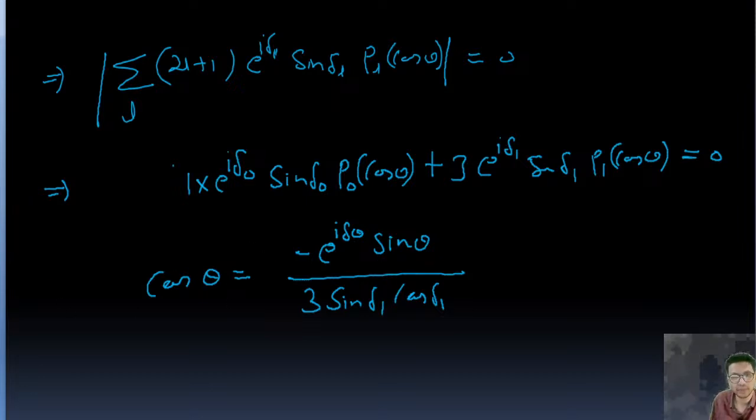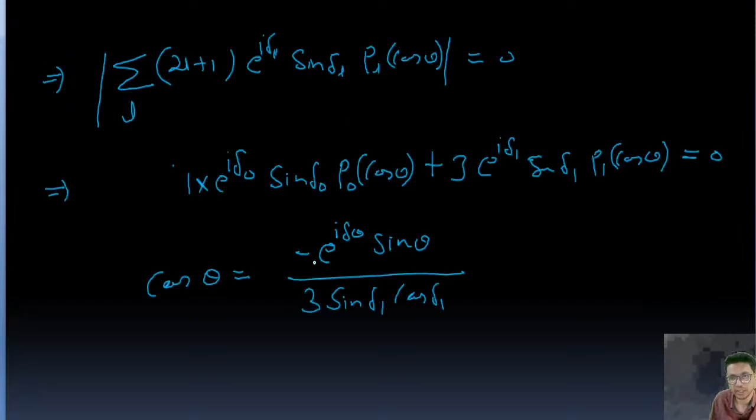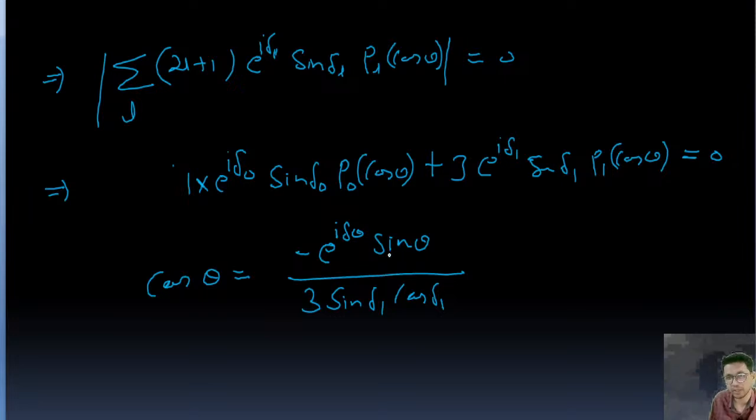We can simplify it further, so it is going to be cos theta equal to minus 1 upon 3, and I can multiply by 2 and divide by 2, right. So this is going to be 2, this one first. I will open this e to the power iota delta 0, which is cos delta 0 plus iota sin delta 0, and we are ignoring this imaginary term, right.